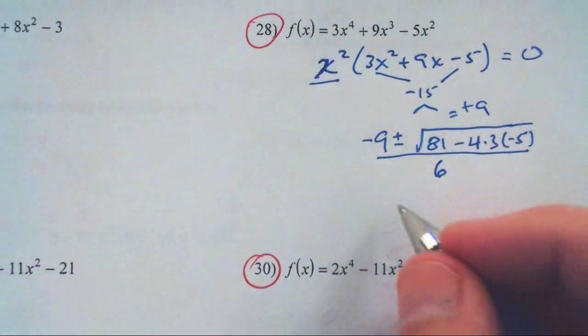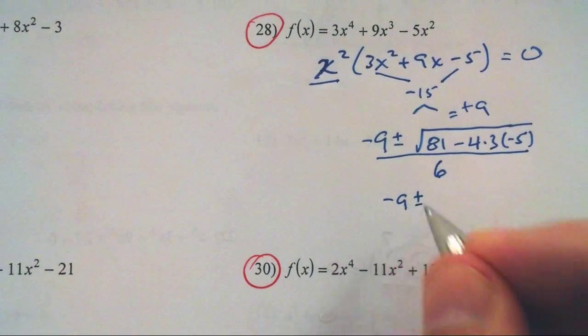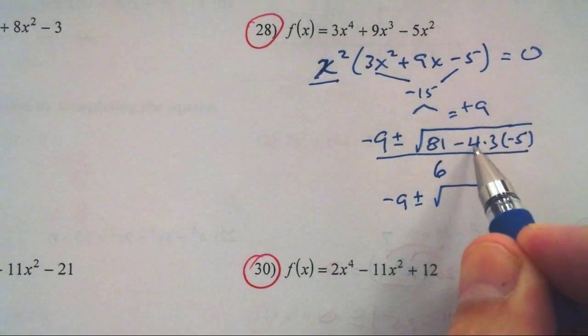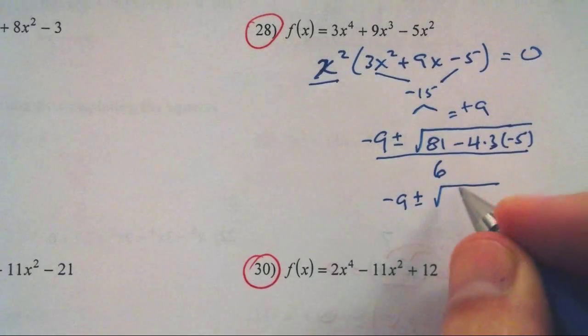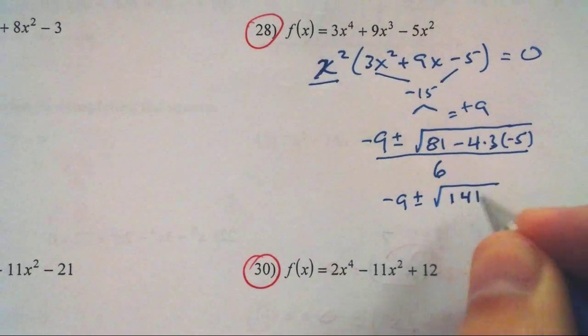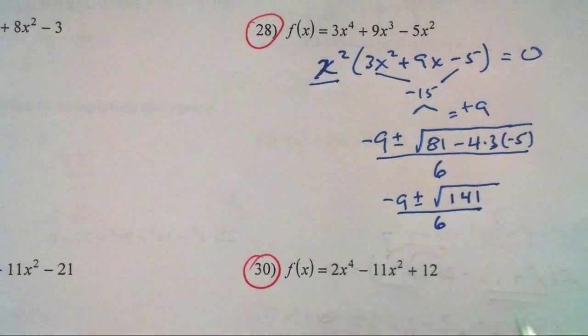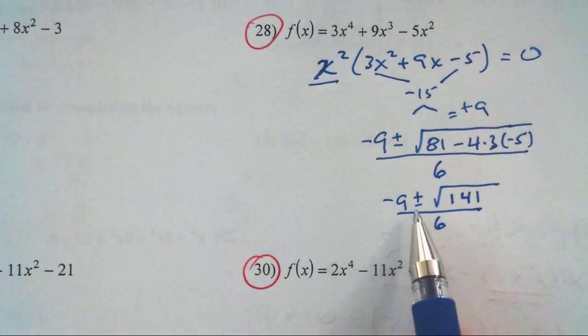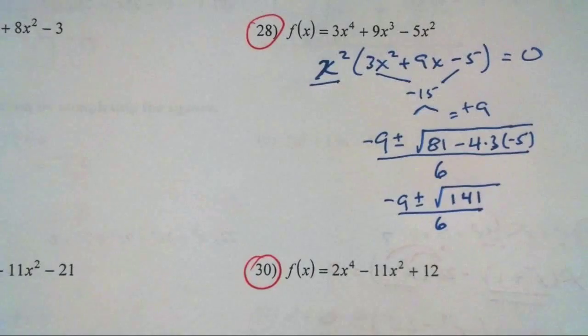So I get negative 9 plus or minus square root of, let's see, that's 20, that's positive 20, positive 60, 141, all over 6. Is that okay? I think I'm good there. You can check me in calculators if you want to. Those are solutions. Any other solutions?